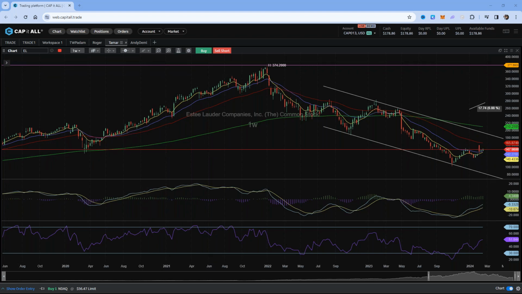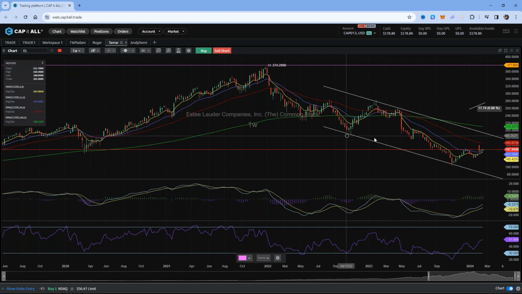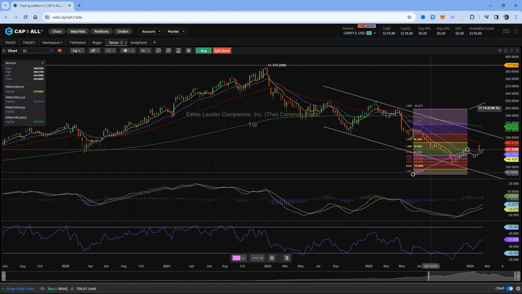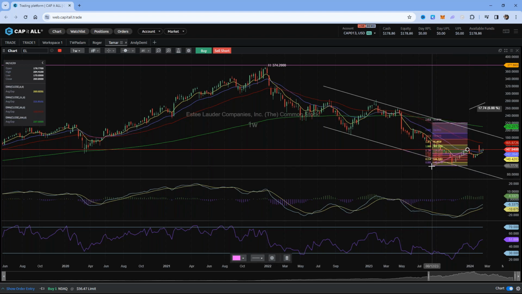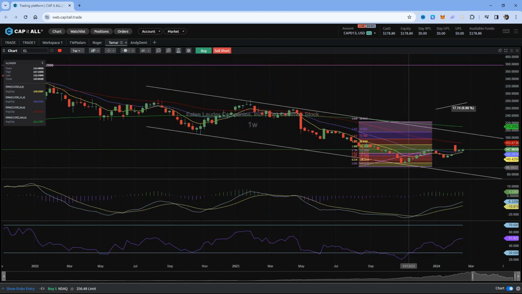What we could do here is actually consider the Fibonacci. So we've got an A, B, C, 50% pullback. And where's the 1618?